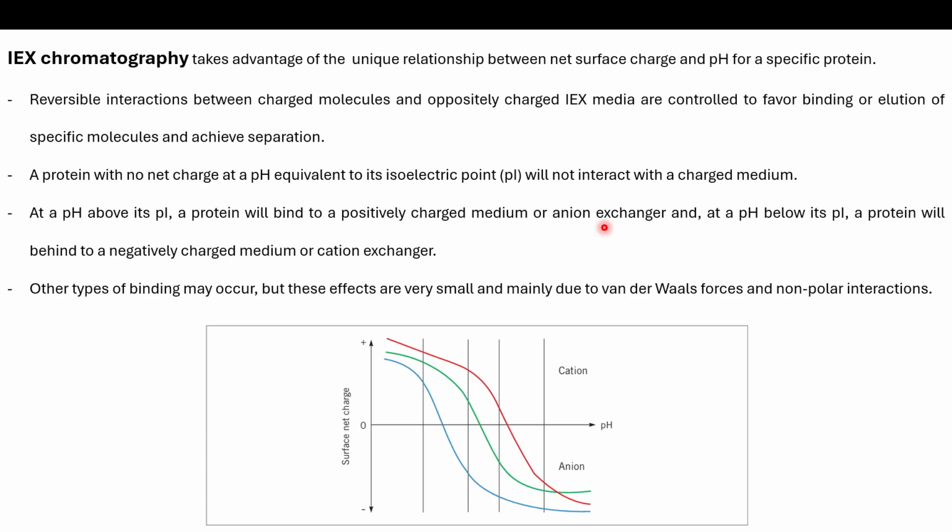Now what happens is, if the H plus concentration is less, then the N terminal NH2 group, which exists as NH3 plus, due to the lesser concentration of H plus in the surrounding medium, gives off its H plus ion, thereby forming NH2.